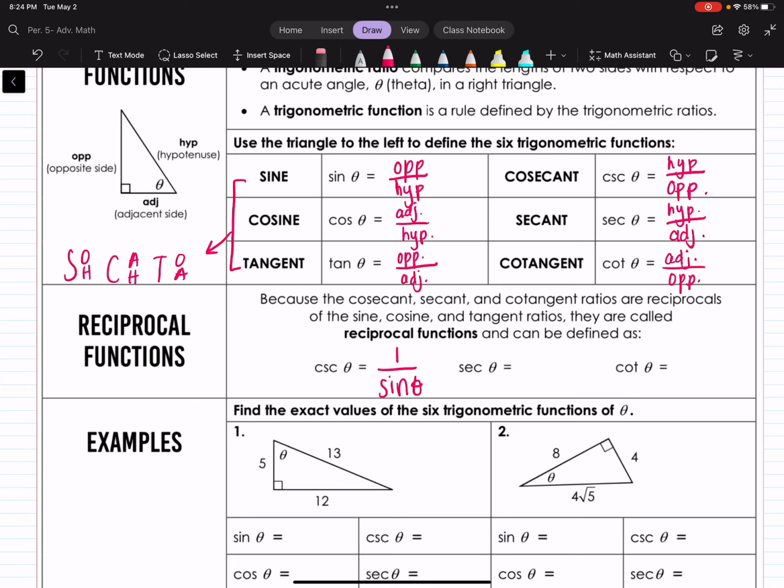The secant of theta is defined as 1 over the cosine of theta. And then lastly, the cotangent of theta is defined as 1 over the tangent of theta. So cosecant, secant, and cotangent are just reciprocal functions to the 3 trig ratios that you all are already familiar with.